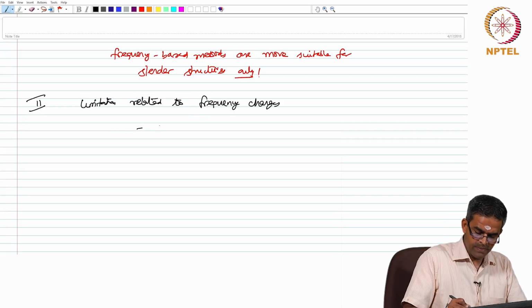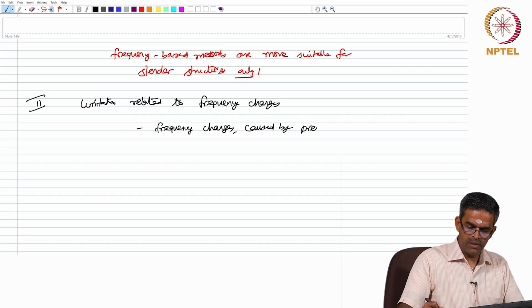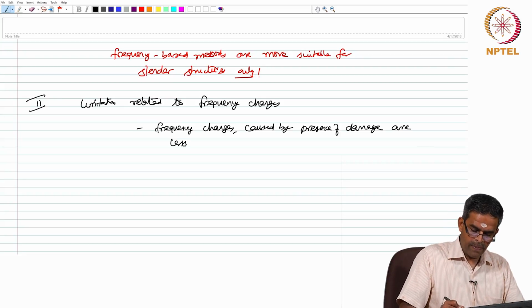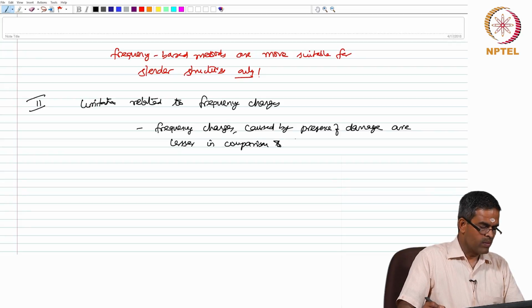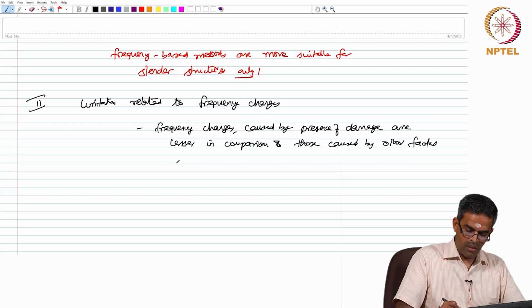Frequency changes caused by presence of damage, which is the ideology of this method, are lesser in comparison to those caused by other factors.